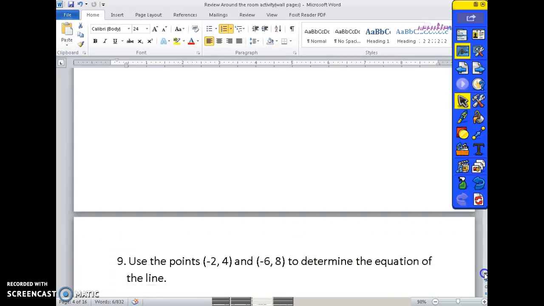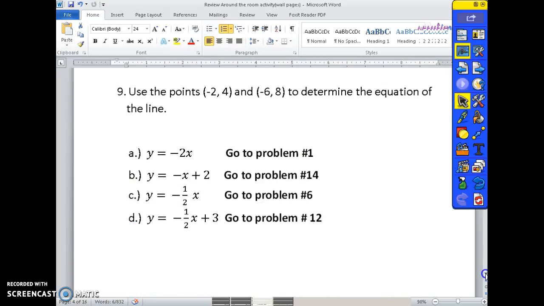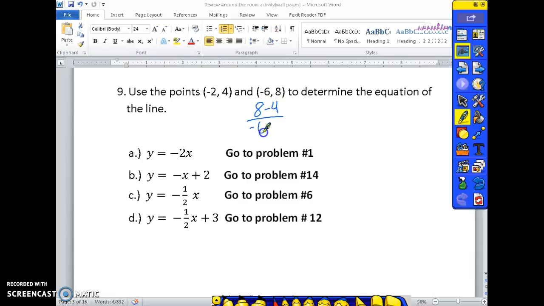For number 9, we have to use the points to determine the equation. First thing I do is find the slope. That is y minus y over x minus x. 8 minus 4 is 4. Negative 6 plus 2 is negative 4, which gives me negative 1.